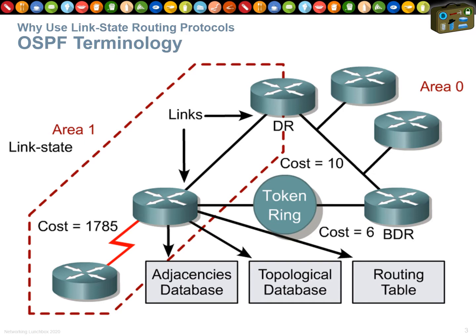Designated router and a backup designated router. If all the routers were talking all the time, it'd be a huge fight and nothing would get done. So we have to elect a boss, someone who's in charge of a segment. And it's always good to have a backup. So we have a designated router and a backup designated router.